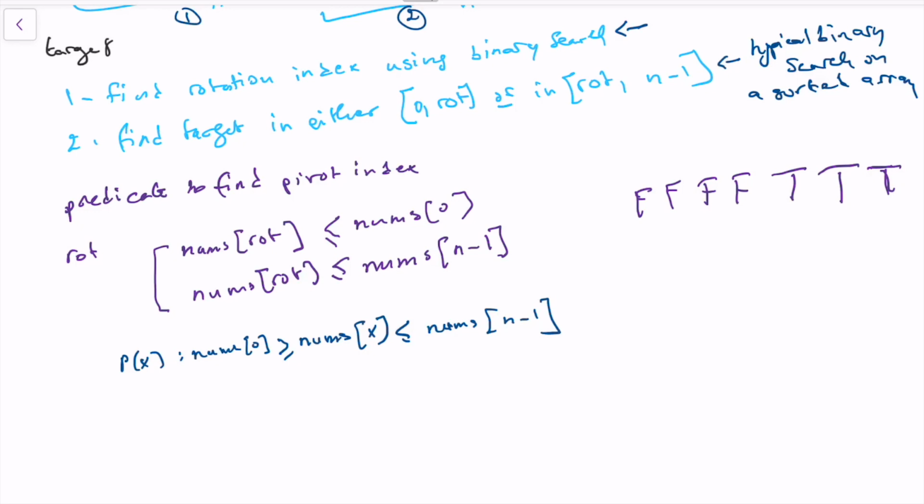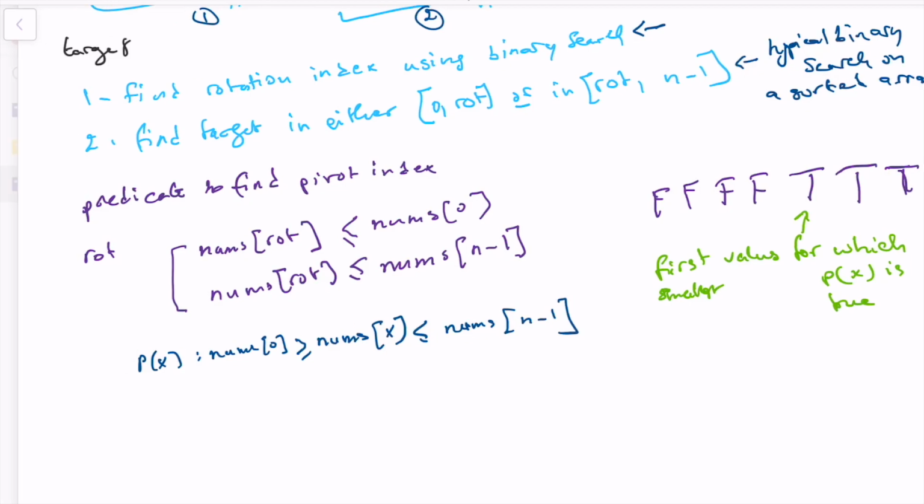So this is our predicate, and what we are looking for is this position here. We are looking for this first true. So first or smallest, that's the pivot value for which p of x is true, right?